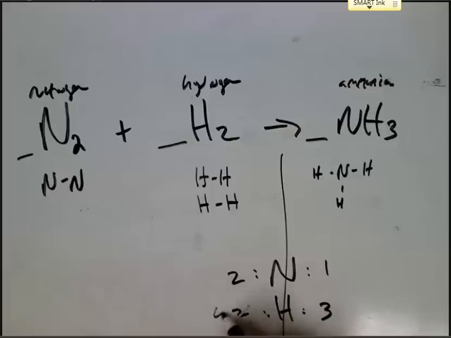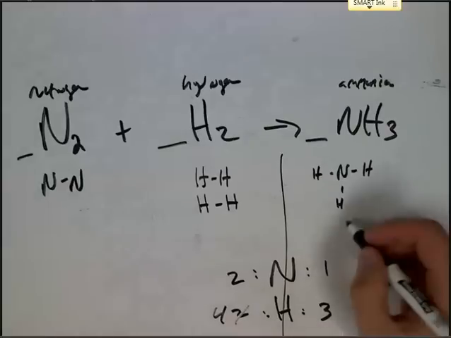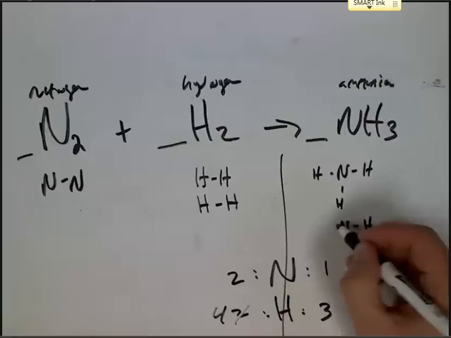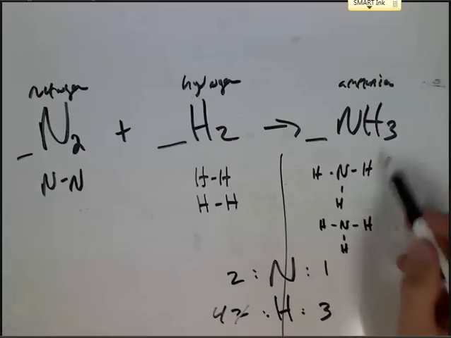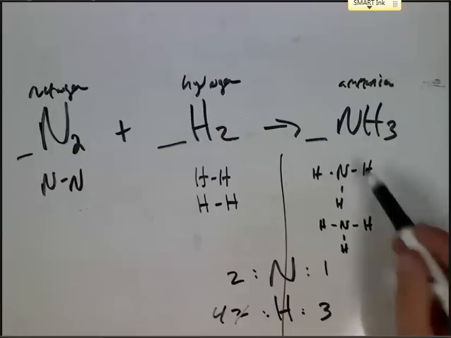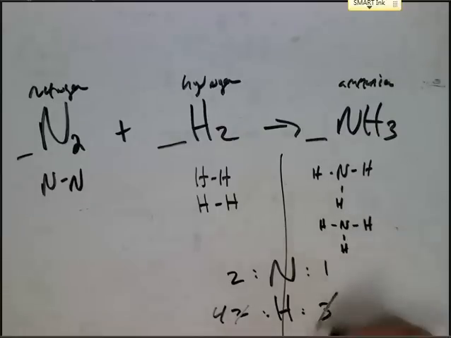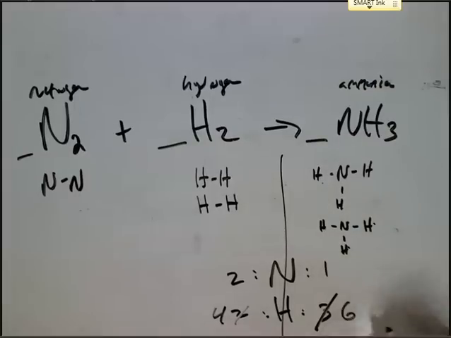Now, I have 4 hydrogen atoms, 1, 2, 3, 4, which is now more than 3. Problem is, we need to be equal. So let's go ahead and add another group of NH3. Again, I can't just decide to add an H. If I want more hydrogens on this side, I need to add a whole other NH3 unit. So now I have 2 whole groups of NH3. 1, 2, 3 hydrogens, 1, 2, 3, put it together, that's 6.